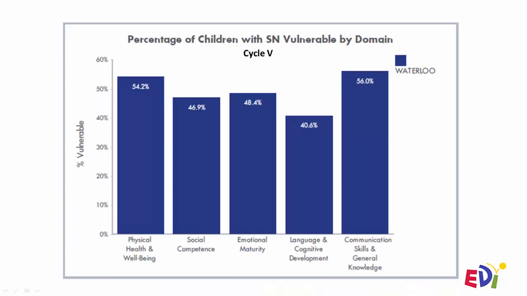When looking across the EDI domains for children with special needs in Waterloo Region, the percent of children vulnerable in the physical health and well-being domain in Cycle 5 was 54.2%. The percent vulnerable in the social competence domain was 46.9%, and so on. Like with the overall vulnerability, we see a larger percentage considered vulnerable compared to the larger group.